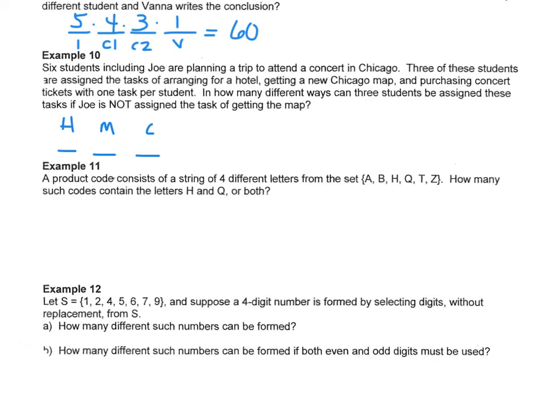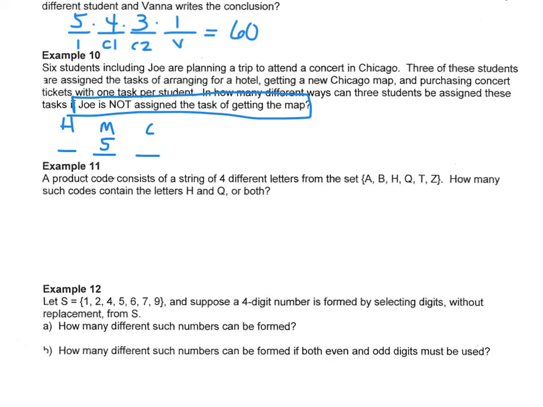So this is a little bit different. We're saying now Joe isn't the one getting the map. So let's go to the map and say, okay, if there's 6 students that can do the map, there's only 5 to choose from now because we took Joe out of it. Then we go to the next part.